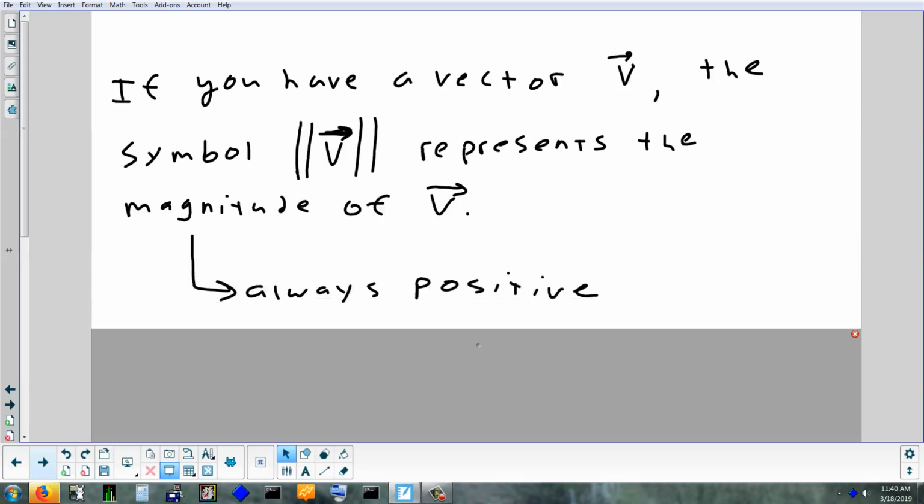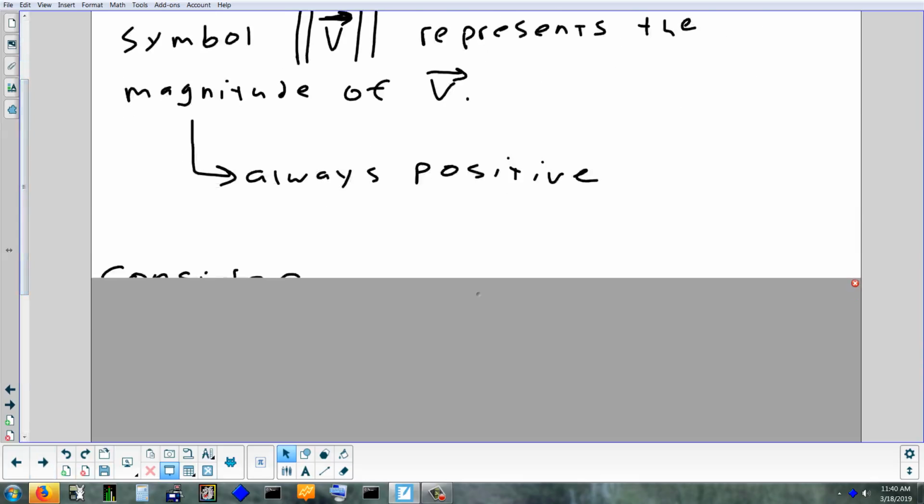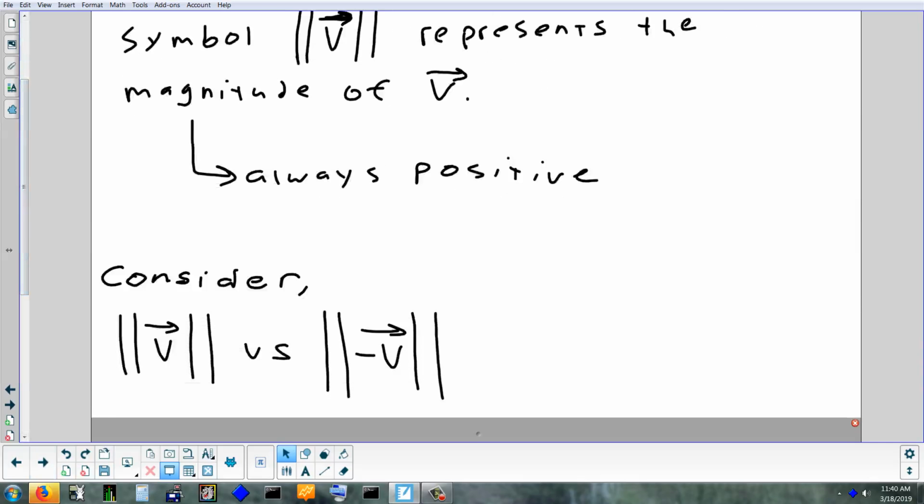Now remember, since it's a magnitude, magnitude means the length of the arrow. Lengths can never be negative. Doesn't matter if the vector points down. It still has a positive number when you measure how long it is. Okay, so what I have there is the magnitude of v compared to the magnitude of negative v.